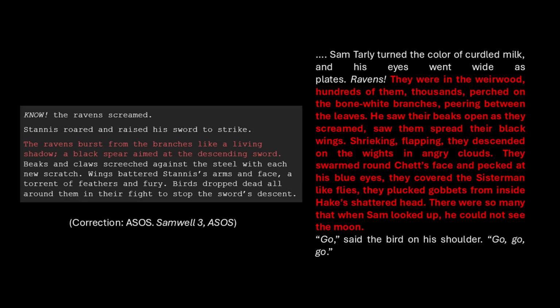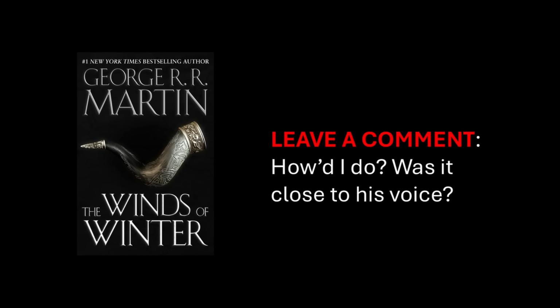Maybe that's why they're going to the tree, or maybe he just needs to get them to the tree for this plot device of something happening with the tree. Maybe the tree speaks to them, maybe the ravens interfere. I don't know what's going to happen. Anyways, that was my sample chapter for The Winds of Winter using the blueprint.